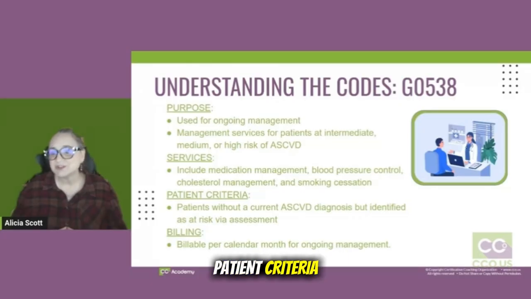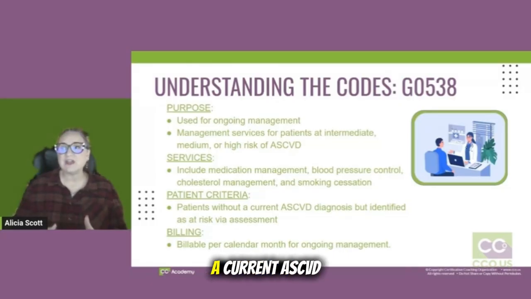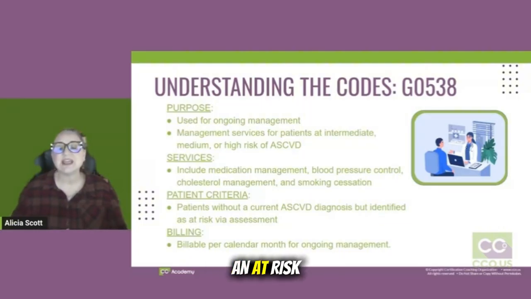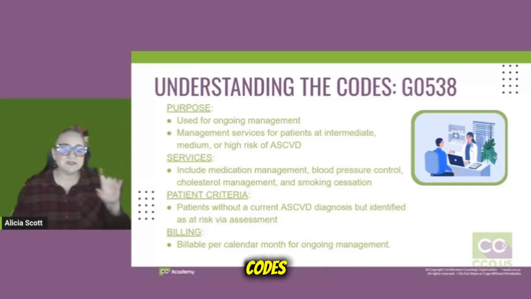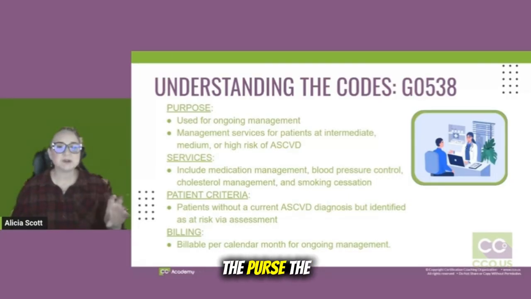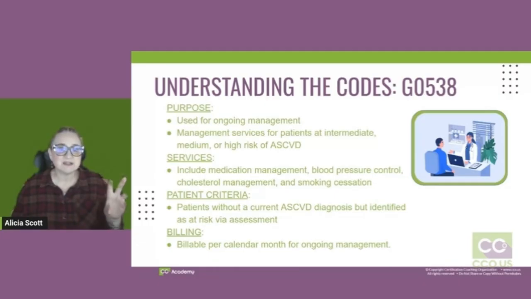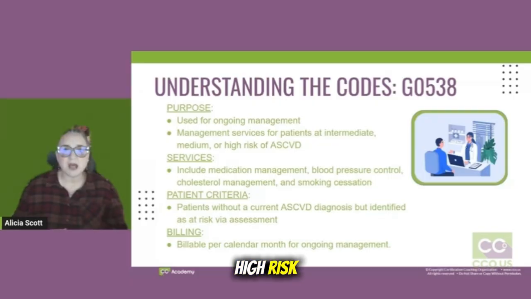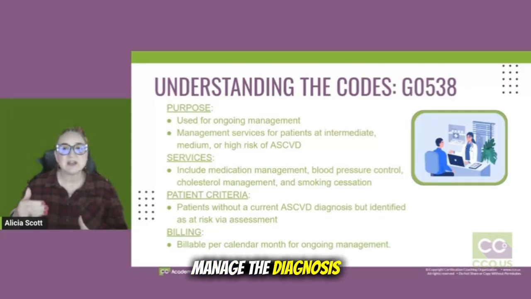Now, what's our patient criteria? Patients without a current ASCVD diagnosis, but identified as at risk via assessment. So both of these codes are for patients that do not have this diagnosis. One, the purpose is the initial assessment, once a year, to see if the patient is at high risk. And then if they are at high risk, we're going to be able to use the other code, the G0538, to manage the diagnoses.